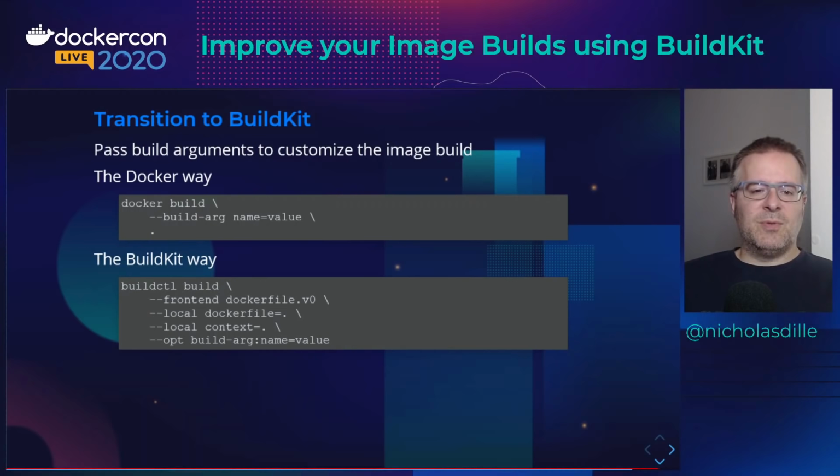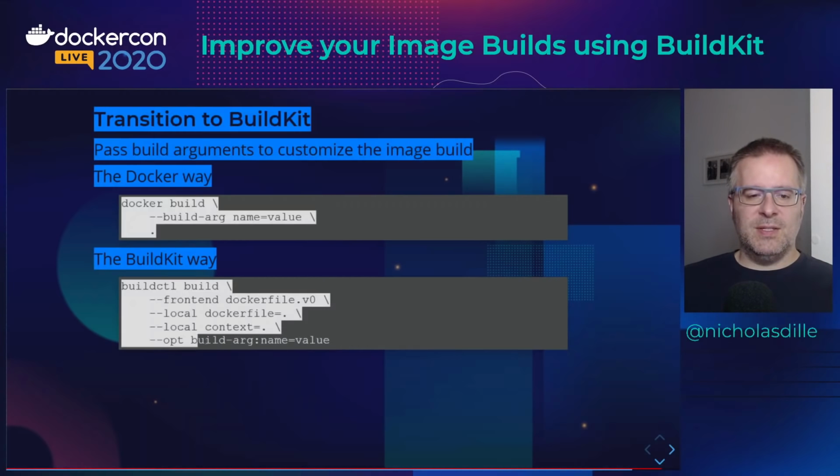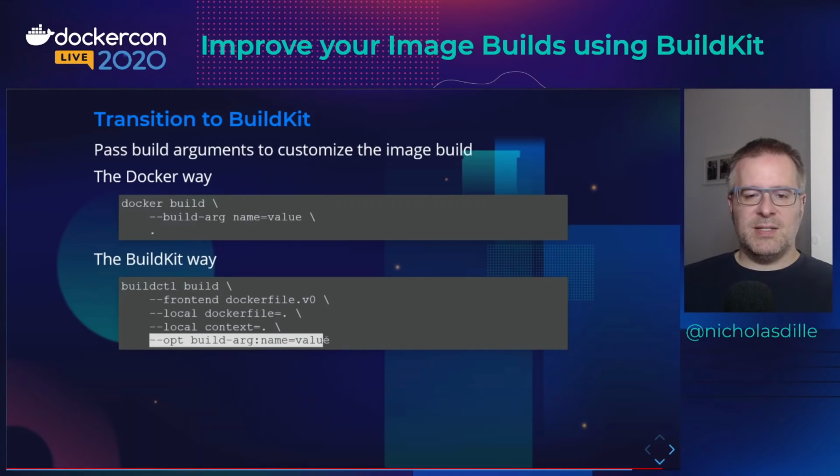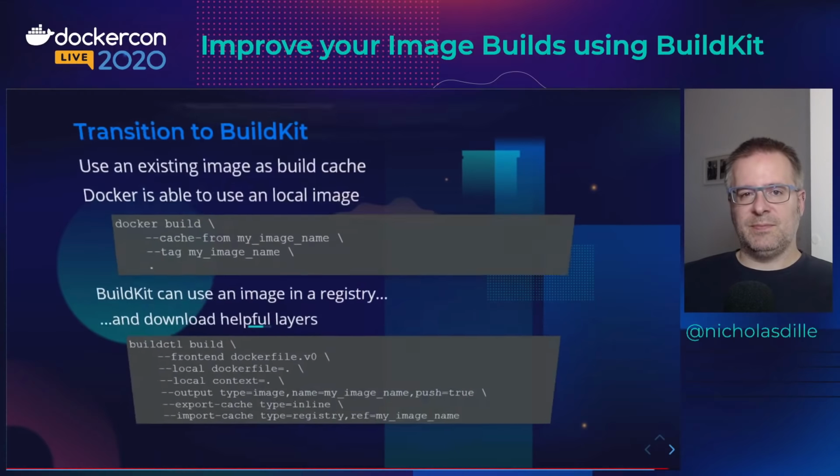Another thing that you would probably want to do once in a while is pass in a build argument. This is rather easily done. It's an option that you pass on to buildctl using a --opt parameter, and then you pass the build argument as a name value pair. And you can pass multiple --opt keys to pass multiple build arguments.